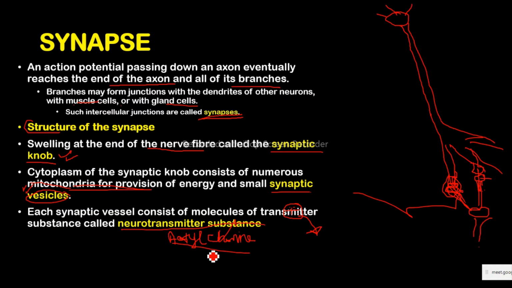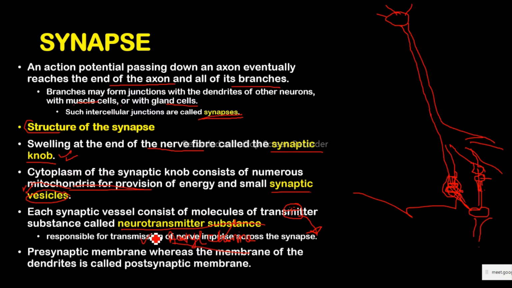So I also expect you to talk about the neurotransmitter substance and its role. And finally, you talk about the membranes, the presynaptic and the postsynaptic membranes. And finally, you draw.